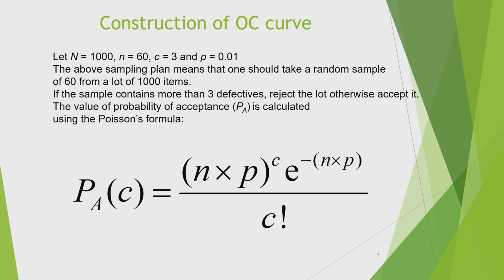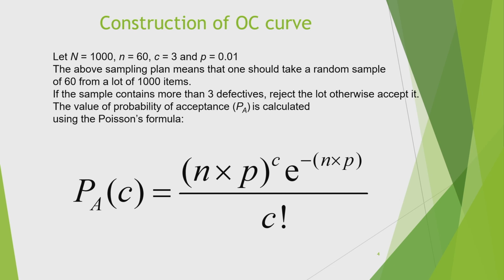So the above sampling plan means that one should take a random sample of 60 from a lot of 1000 items. This is also important, that the sample should be totally random. If the sample contains more than 3 defectives, reject the lot, otherwise accept it. So the value of probability of acceptance is calculated using Poisson's formula.